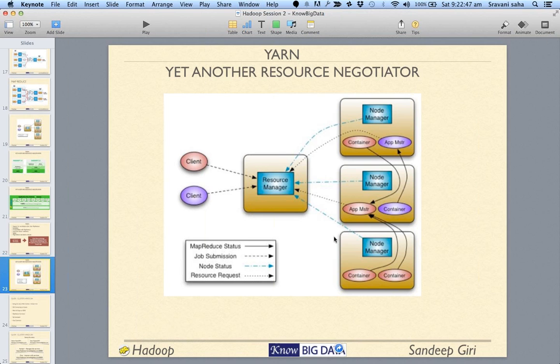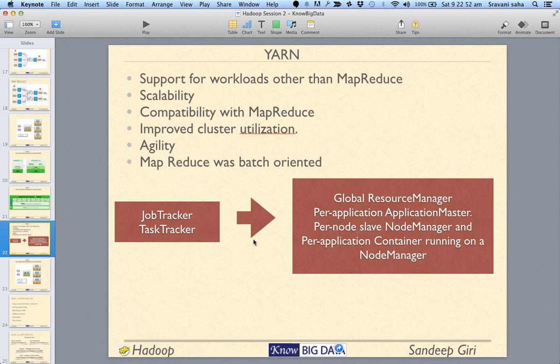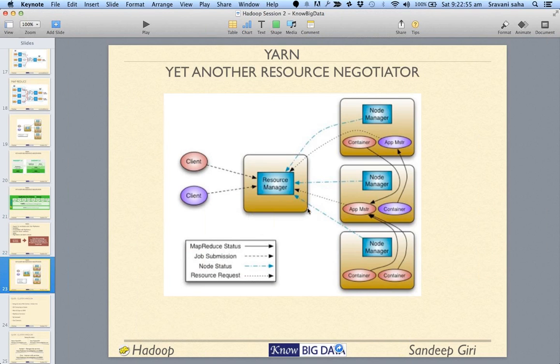So this is a rough diagram showing you how Yarn works. As you can see, the job tracker is more or less like a resource manager. Okay, the job tracker was broken down into a resource manager and a few more, while the task tracker, which was running on each node, was divided into something called node manager, container, and application master, and these keep on communicating with each other in order to execute your task.